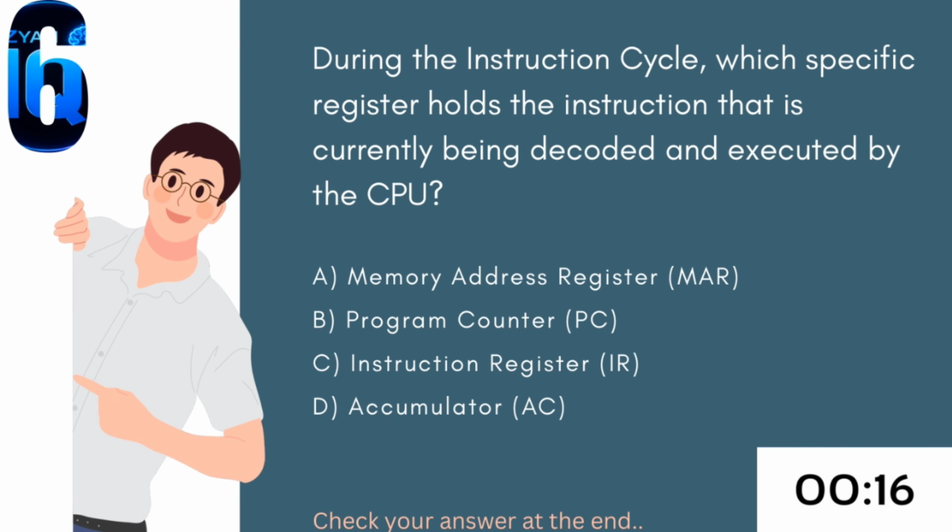So, during the instruction cycle, the register that specifically holds the instruction being decoded and executed is the instruction register, the IR. It's essential because it allows the CPU to understand what operation to perform next. This process is central to how the CPU processes instructions step by step, ensuring smooth execution of programs. Now, let's see if you can identify the correct register on your own.